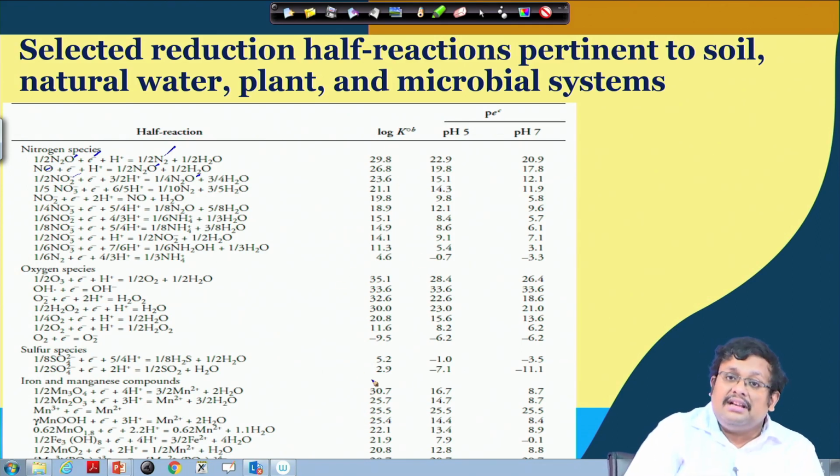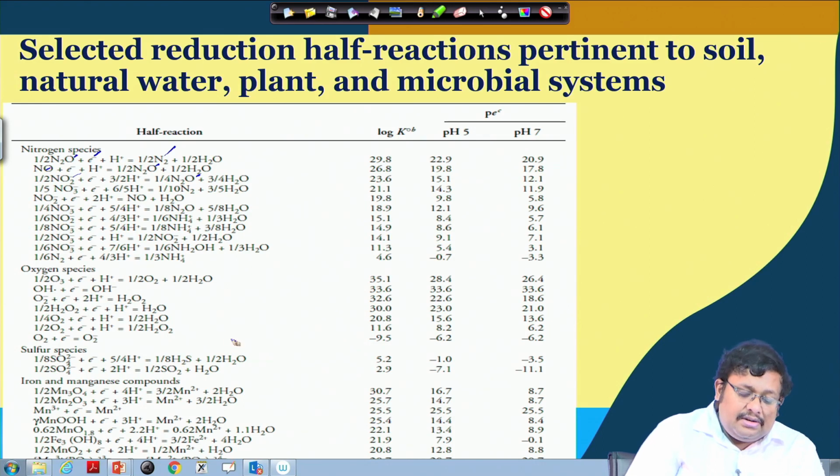In the case of sulfur, sulfur also undergoes different reactions. You can see sulphate can be reduced to H2S, or hydrogen sulphide, and it can also be reduced to sulfur dioxide. So, you can see here the conversion of the sulfur species.